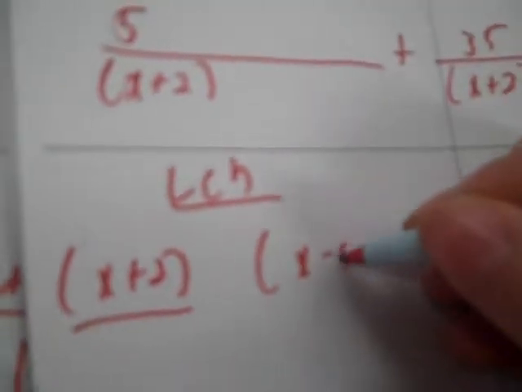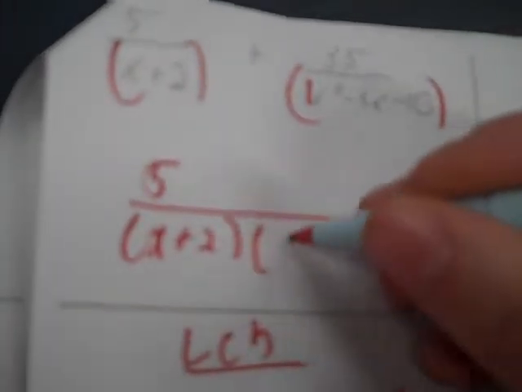Okay, so we've got x plus 2, x minus 5. 1, 1. So we're good there, but then x minus 5 has none here but 1 here, so they both have to have 1. Again, you can't take them away, okay? You're like, well, what if I just took this away? Can't do it.